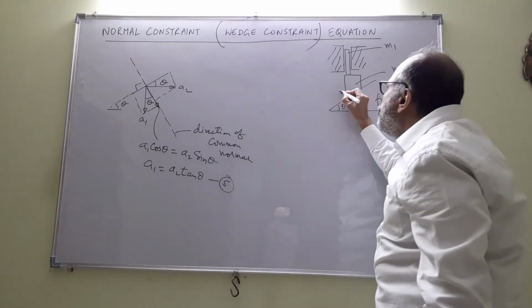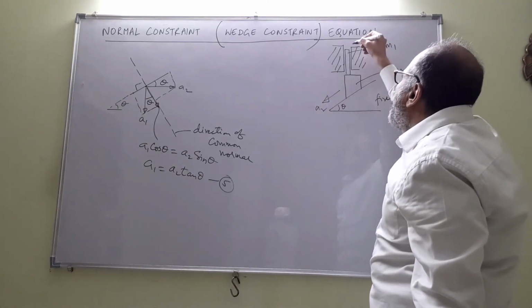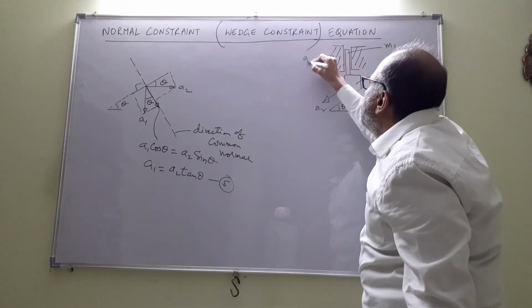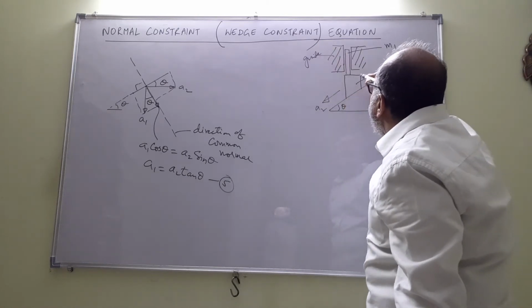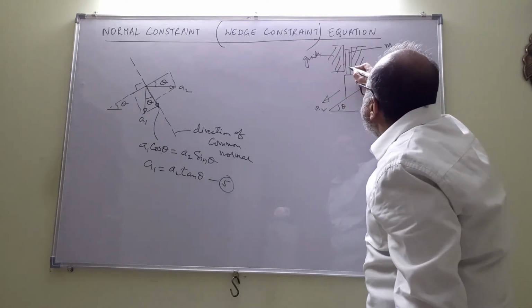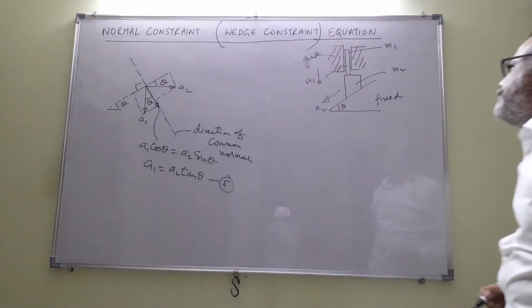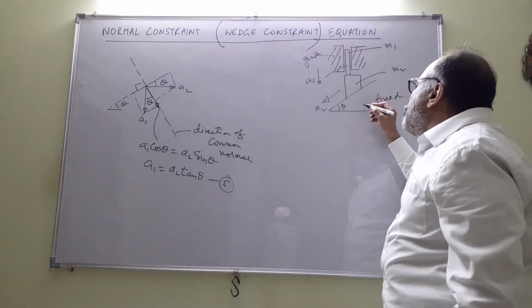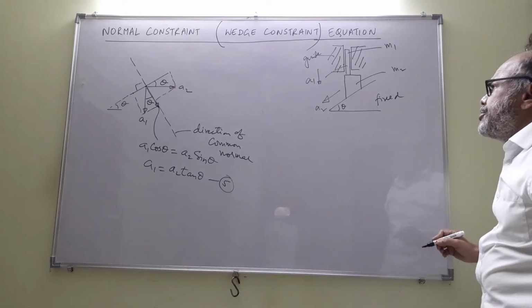So M2 will have an acceleration A2 this way, and this block within that frictionless guide will come down with an acceleration A1. We need to find out the normal forces and the accelerations.